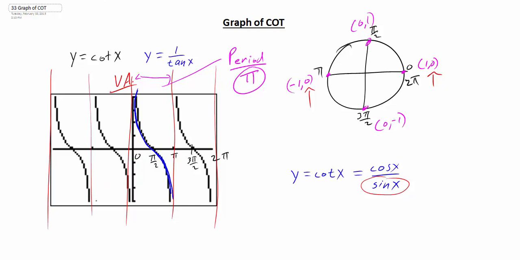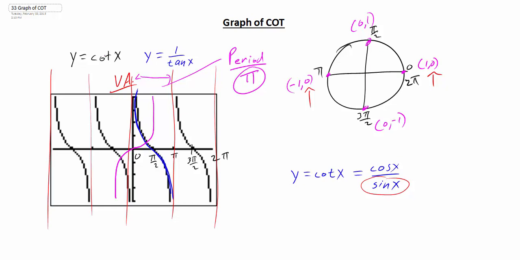It would start here, and it went up this way, and it would kind of go down like this. So that would be, in this purple line, what our tangent function looked like. So you can see the similarities, and we'll talk about what we can do to see if this cotangent function will look like our tangent function in a minute.